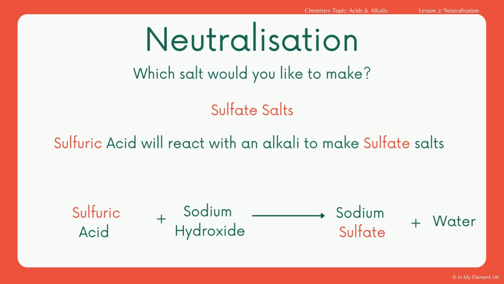So for example, in the first picture, we had potassium hydroxide. So if we were reacting sulfuric acid with potassium hydroxide, you would actually have potassium sulfate and water. Okay, and we've given you an example in this lesson also of how to make a salt, which you need to be able to explain as well.